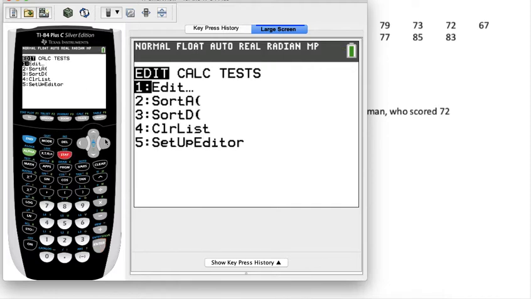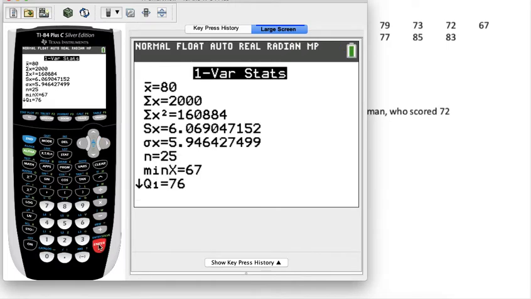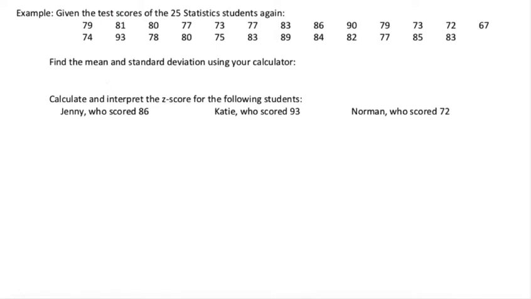Then I'm ready to calculate one variable stats on list 1 and find that we have an average test score of 80 with a standard deviation of 6.06. So I'm going to go ahead and round that to 6.07. So we have a mean of 80 and a standard deviation of 6.07 when we round it. So here's what we can find on our calculator.